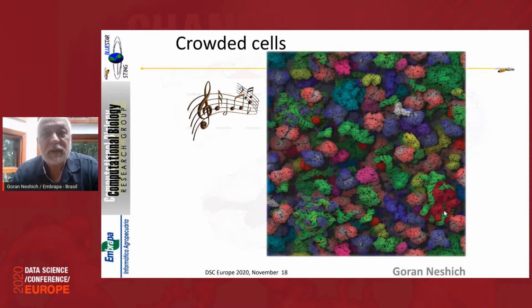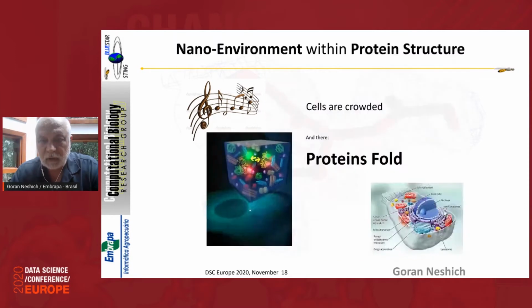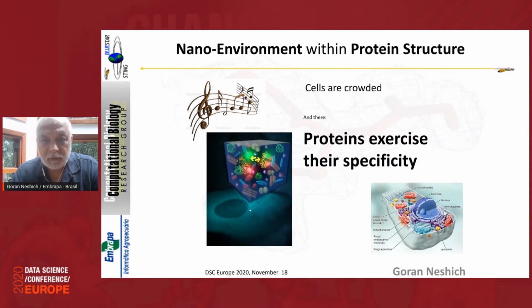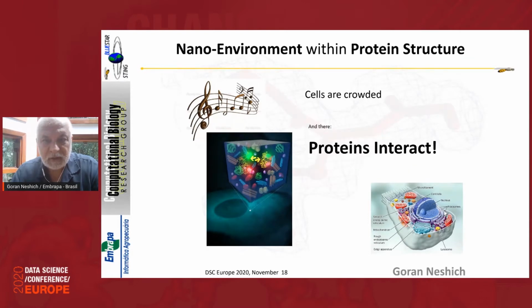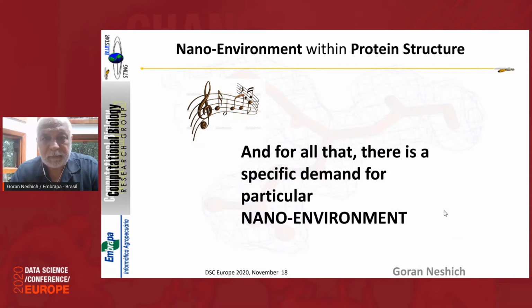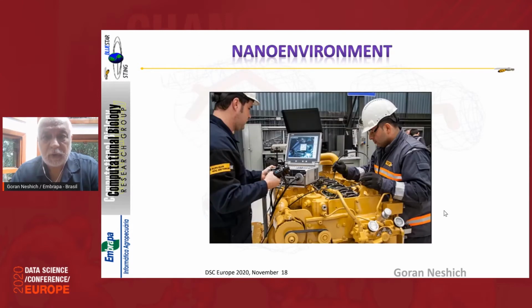So they don't exist alone in a swimming pool. That swimming pool is a very crowded one. In that environment, proteins fold, they perform their function, they exercise their specificity, and proteins interact. For all of these, there is a specific demand for a particular nano-environment that has a specific function.